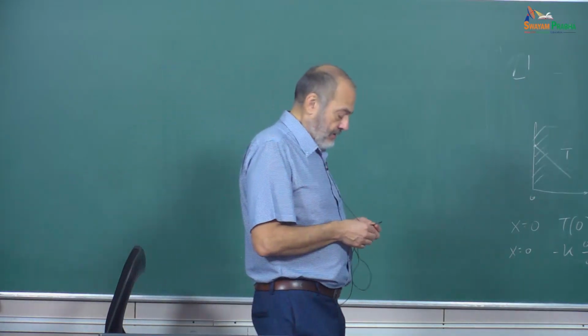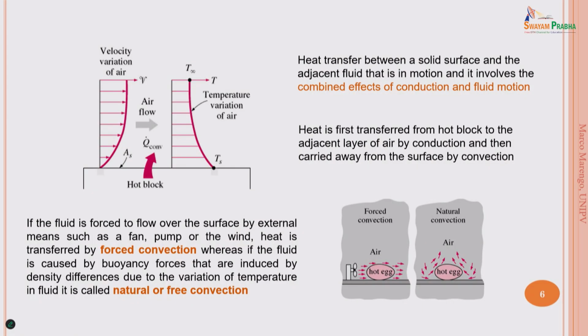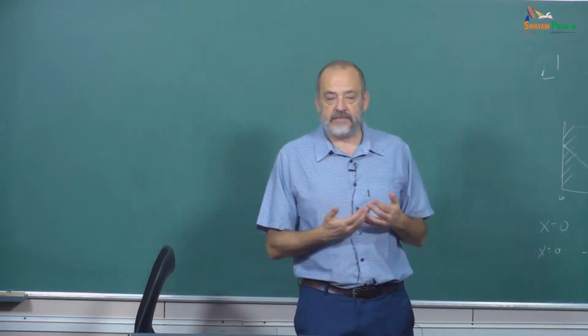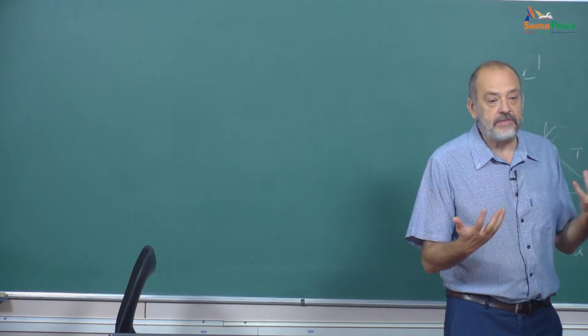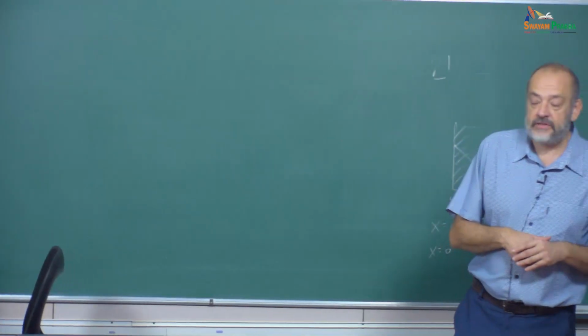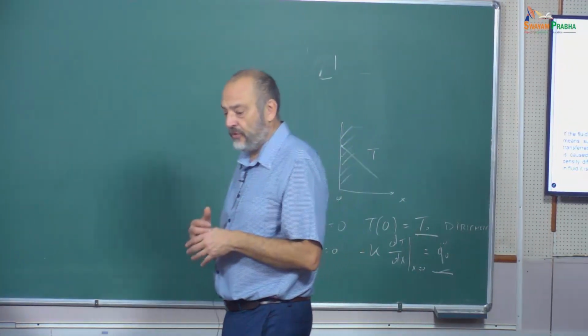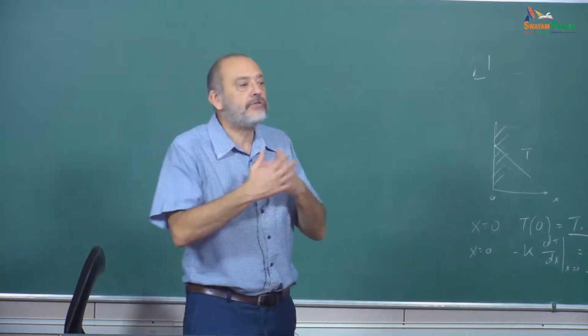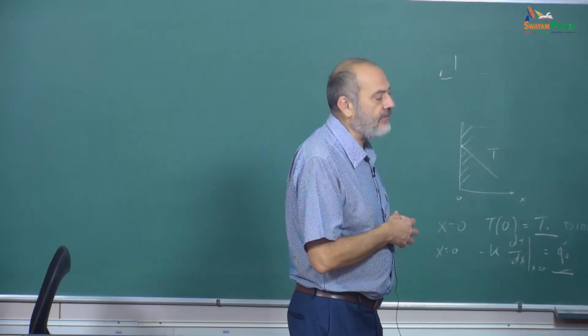Why is it complex? Because we have really different phenomena: the two processes of molecular exchange of energy and the motion of the fluid make things complicated, in the sense that we may have different forces acting on the system. For example, we may have pressure, so we have a forced convection that is moving the fluid, and we have the transfer of energy because of that.